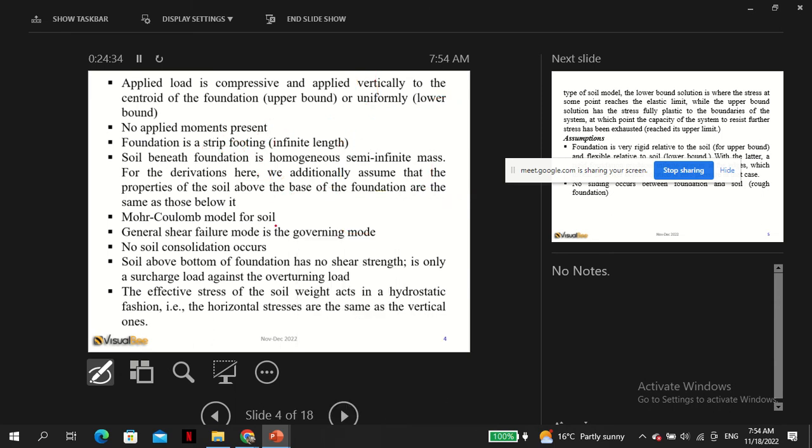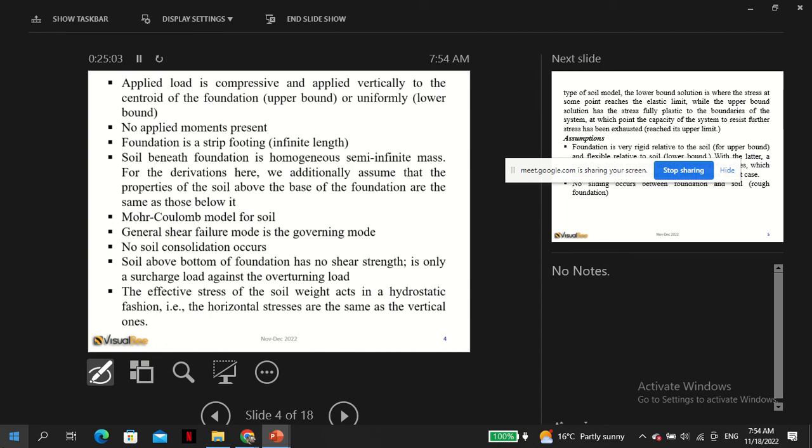That's a very conservative assumption, so that you end up with a safer design, because in fact the soil above of course will have some shear strength. We are simply ignoring the shear strength of the soil above the foundation, but also using the surcharge of the soil above the foundation to our advantage.